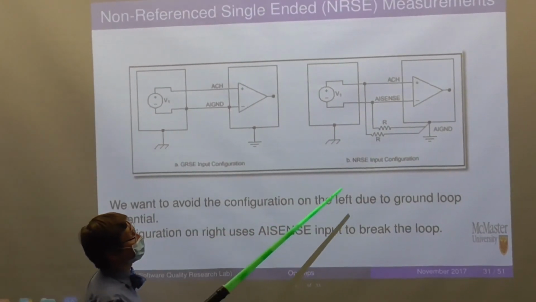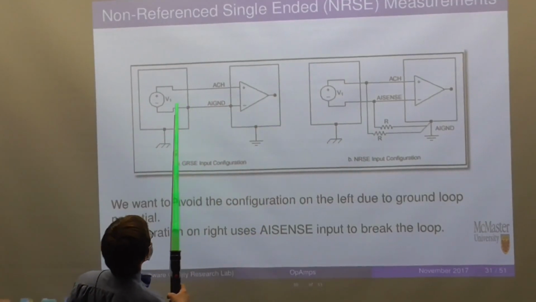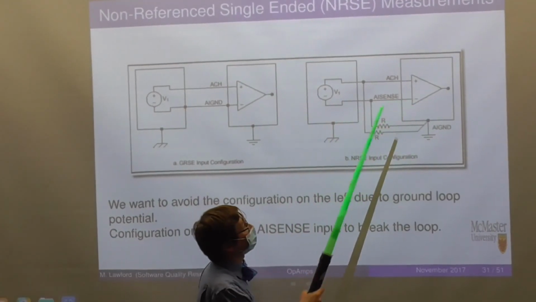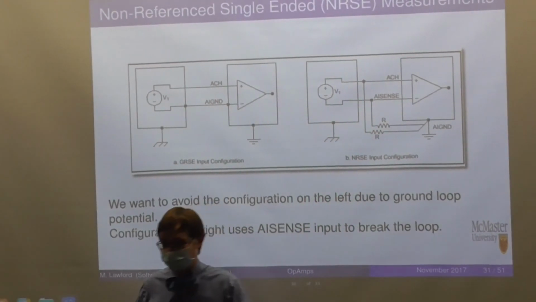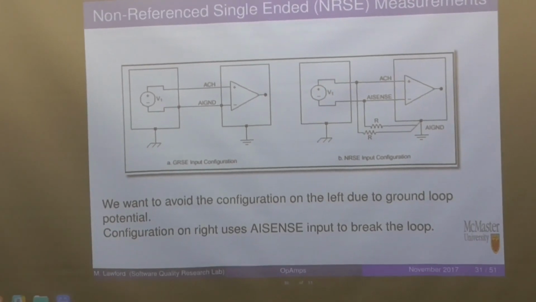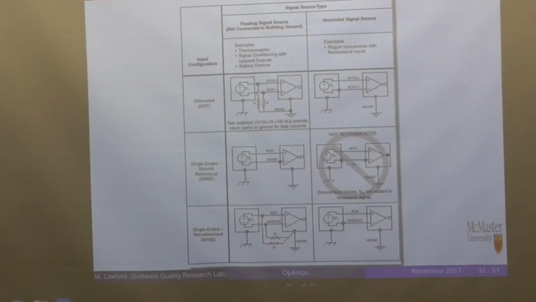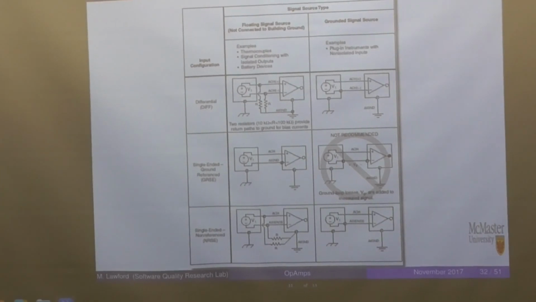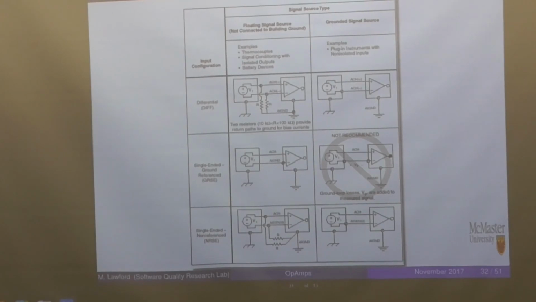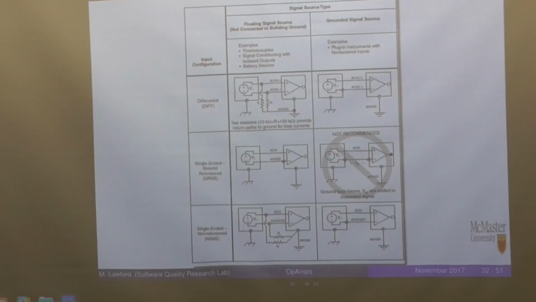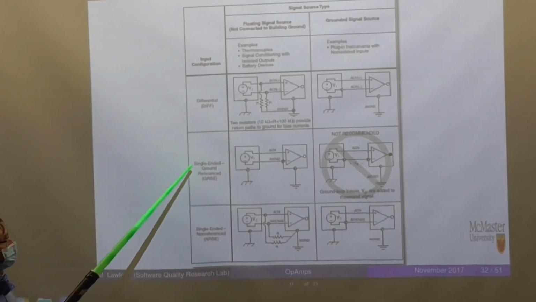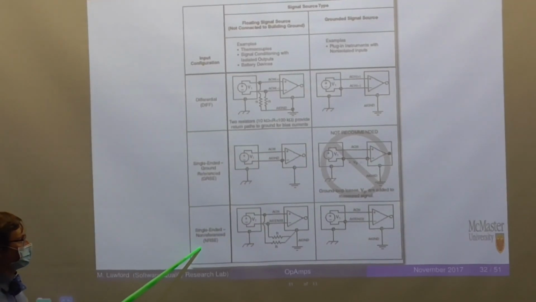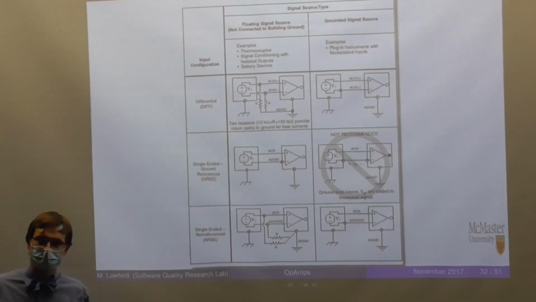Notice that these guys are floating except for this one point in the middle. As you can see, there are several ways of going about it, both for differential, single-ended ground referenced, and single-ended non-referenced.